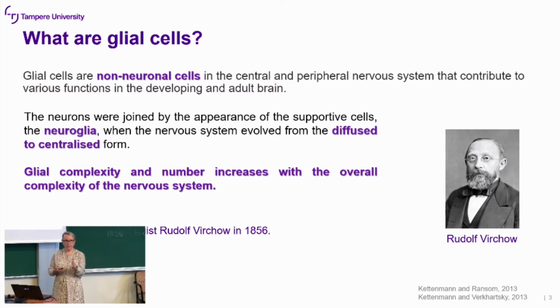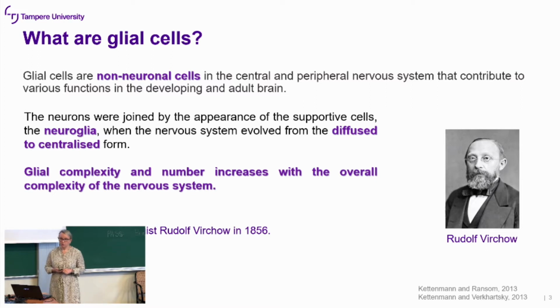So it has been a process during development that we ended up having so many glial cells, almost equal in number to neurons. And what we know today is that glial complexity and number increase with the overall complexity of the nervous system. This is a general fact that you can take from the glial field.